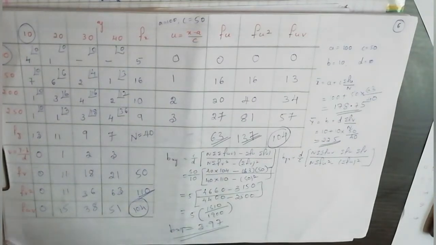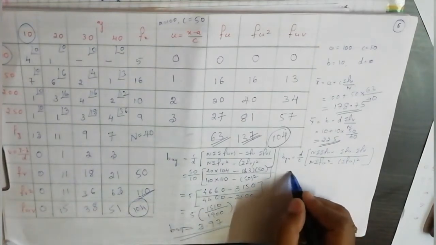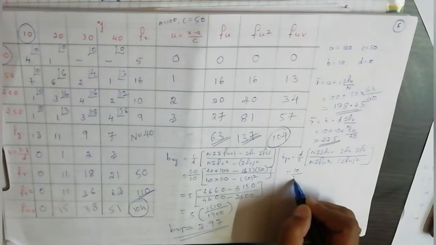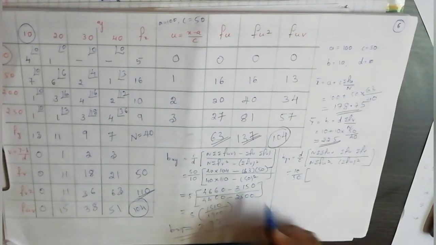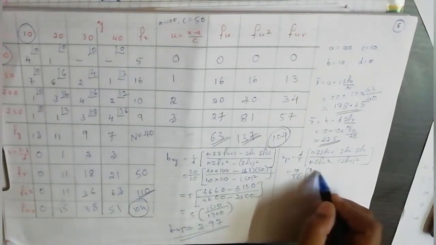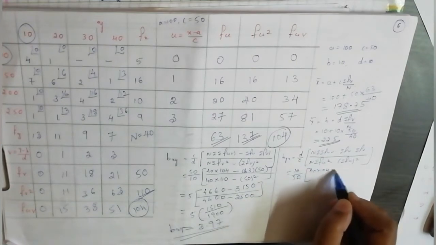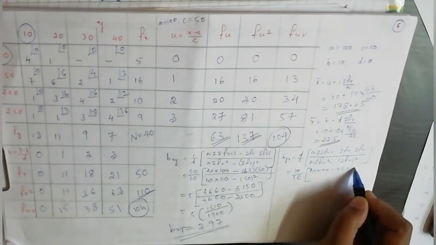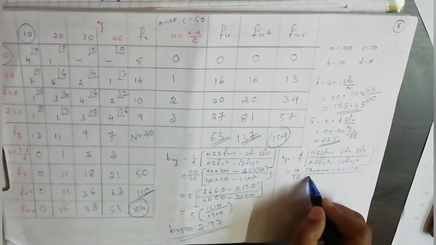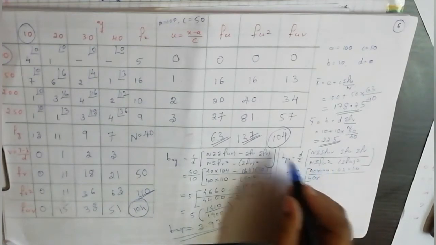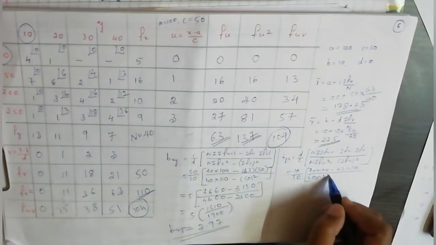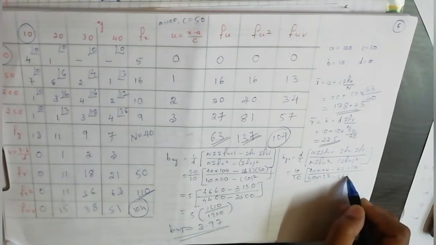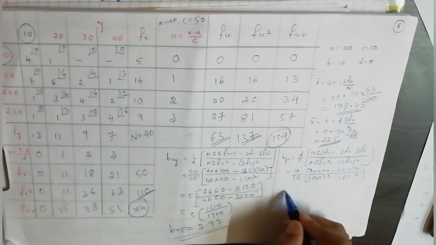So similarly we will find byx. The formula I have written. Now it is ulta, this 10 by 50. Numerator will be same, that is 40 into 104 minus 63 into 50. Now denominator 40 into sum of fu square is 137 minus sum of fu the whole square, that is 63 square.